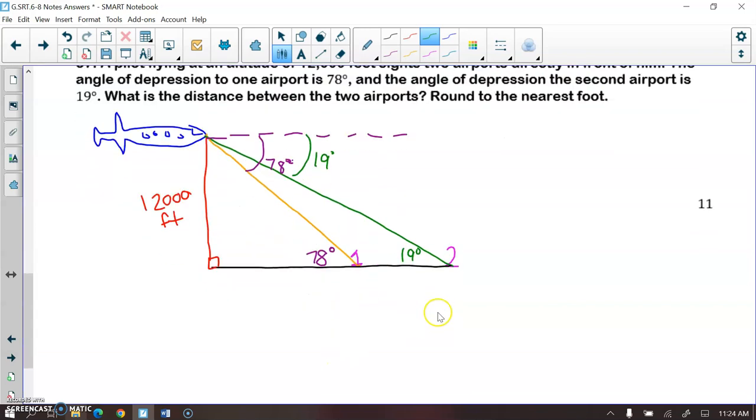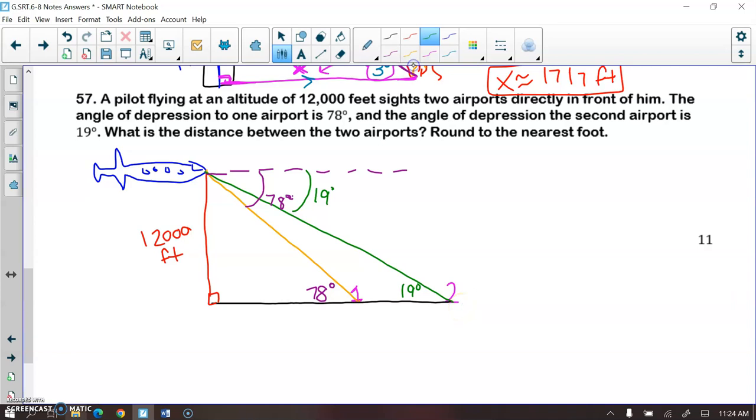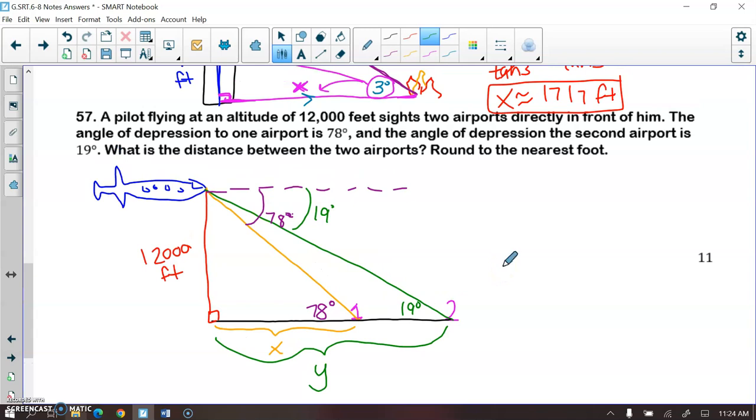We want the distance between the two airports. So if I use my first triangle, I would find this distance here, which I'm going to label as X. If I use my second right triangle, I would find this distance here, which I would label as Y. And then to find the distance between the two airports, it would just make sense for us to do Y minus X. So that's what's going to be done here.